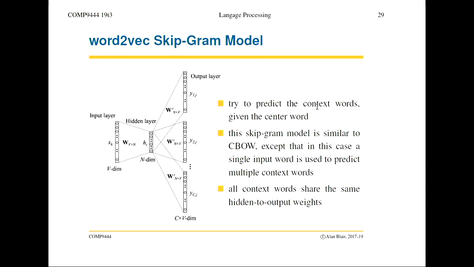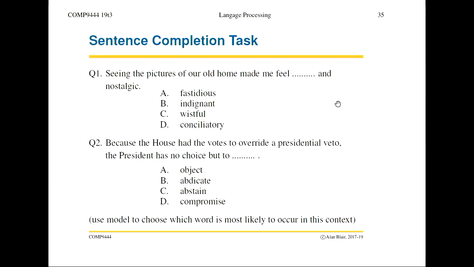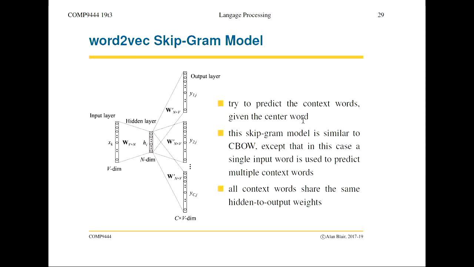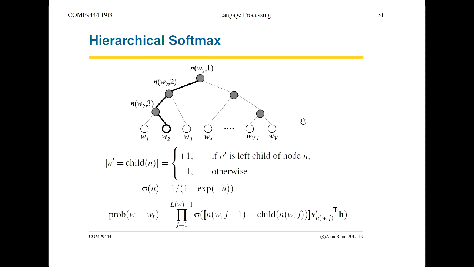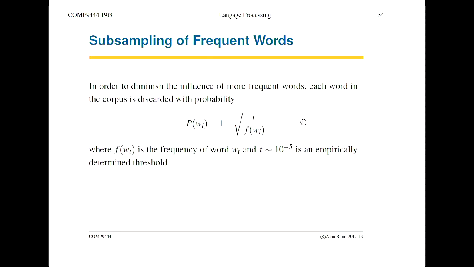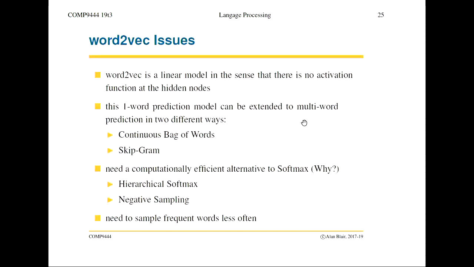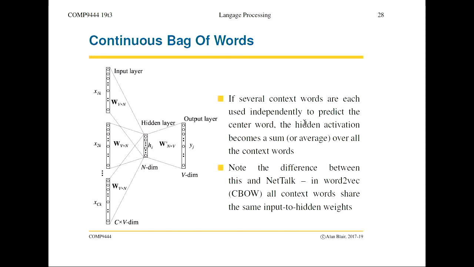Okay, so how can we speed this up? I'll talk about the speed ups and then the subsampling. All right, so let's concentrate on this continuous bag of words model. So we're training this thing. We've got 10 surrounding words. We feed them all in here and we get a linear layer.